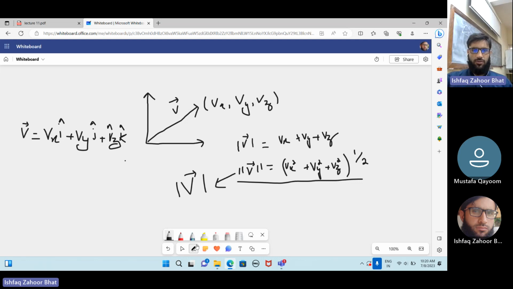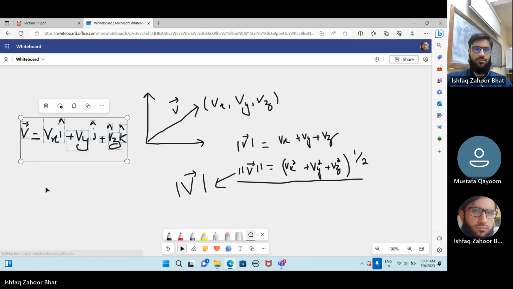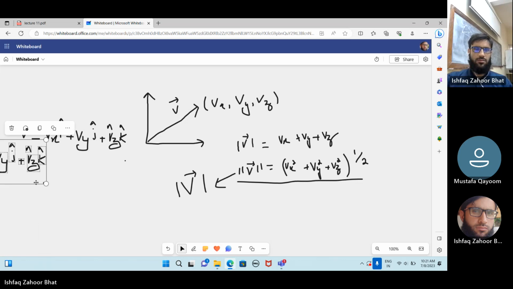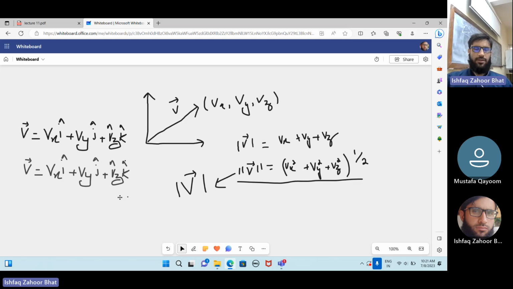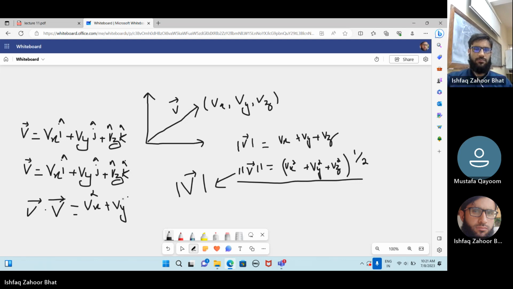Now when I take the dot product v dot v, it is basically the dot product of these two, which is nothing but vx square plus vy square plus vz square.